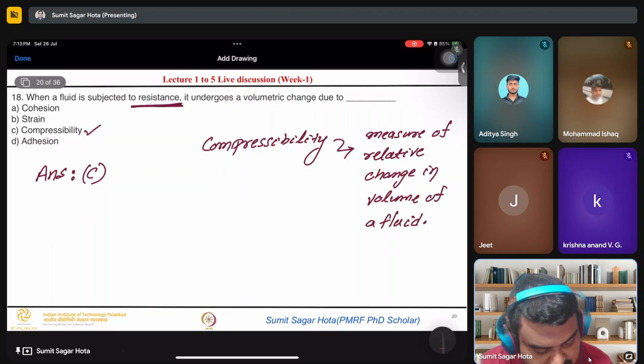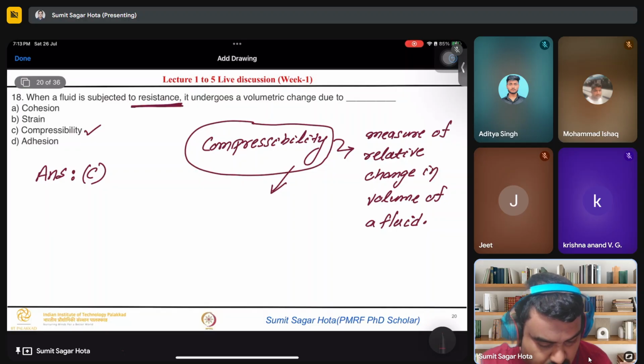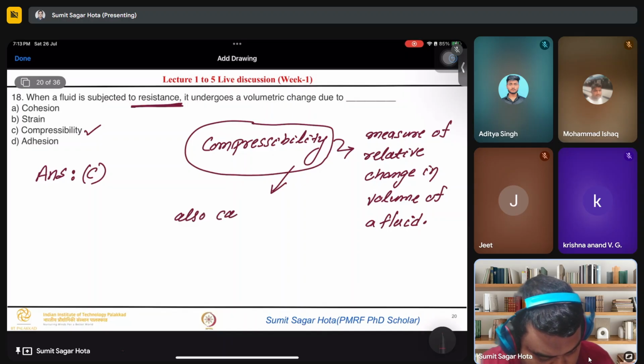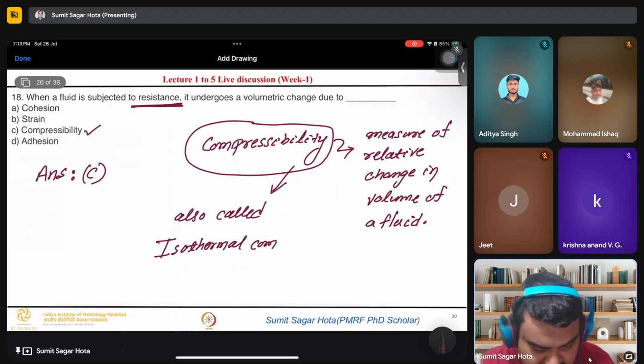So this compressibility can be renamed in some other sense. A more specific or more useful term of compressibility is isothermal compressibility. But it sounds different, right? Because we have seen previously that when pressure is applied, there will be chances of increase in temperature.